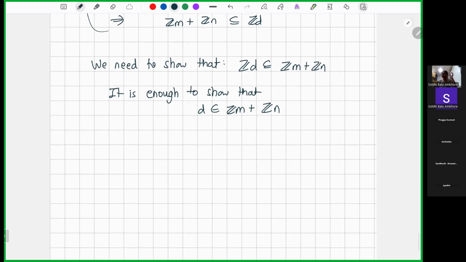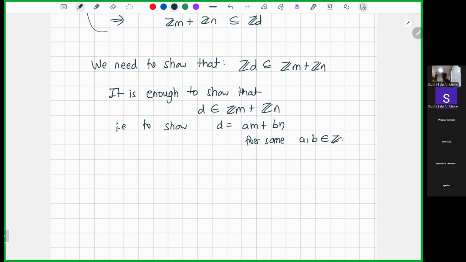Okay. And how to show this now, that D belongs to Zm plus Zn? That is to show that D is some Am plus Bn for some A, B in Z. So how to prove that this exists?